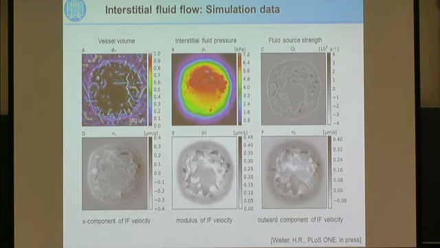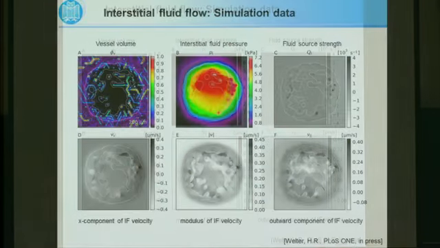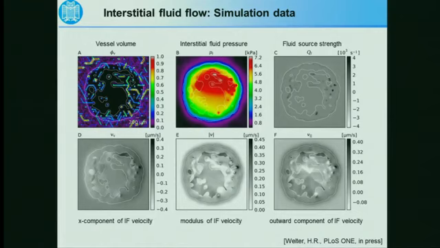But we incorporated interstitial flow into the model, essentially via Darcy's law. Each leaky tumor vessel is a source of interstitial fluid, which is driven by pressure difference and proportional to permeability of the tumor tissue. And you have to solve this in the whole region within the tumor.